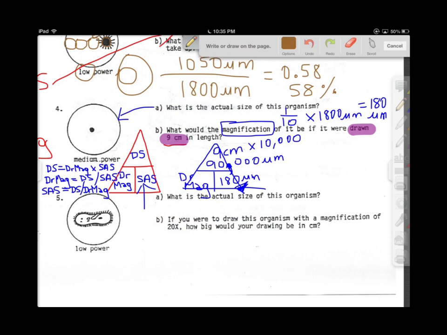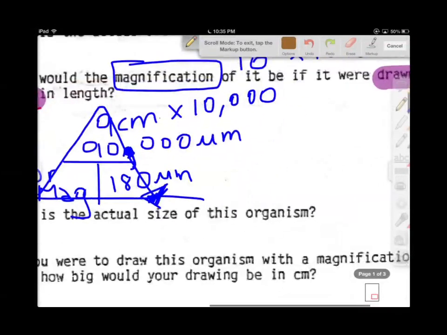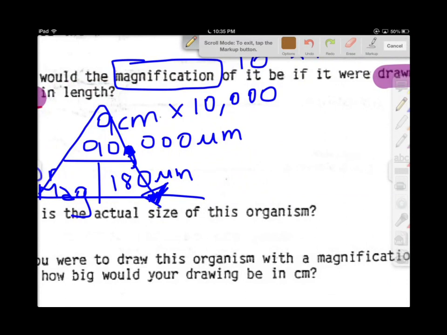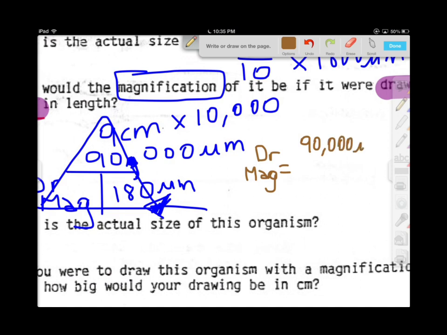Let's go back to brown. So here is our sort of solution tree. Our drawing magnification, Dr. Mag, I like to call it that, is equal to 90,000 micrometers divided by 180 micrometers.